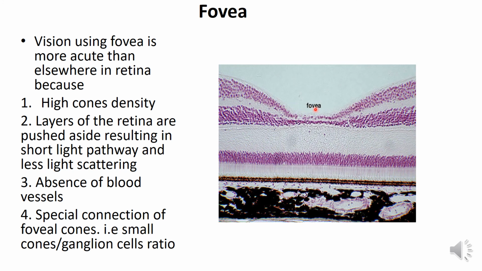And the last one is the special connection of the foveal cones, the photoreceptors. The number of photoreceptors connected to one ganglion cell, here are the ganglion cells, is small, and this will lead to an increase in the acuity of vision.